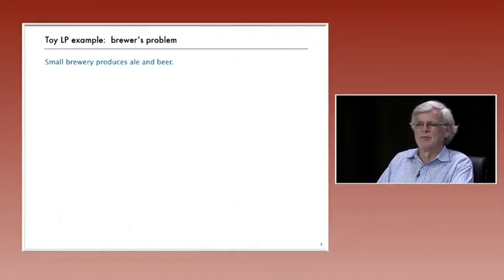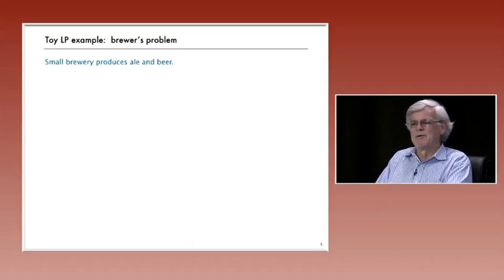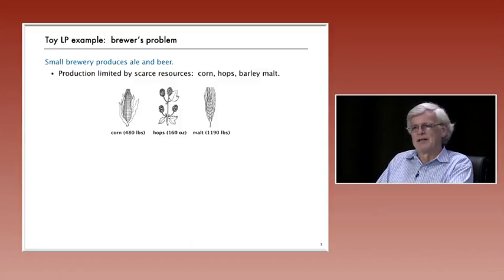So that's why it's called the Brewer's problem. So here's the idea. It's a toy example to try to make sure that everybody understands what linear programming really is. And it was developed by Bob Bland, who also contributed a lot to the practice of linear programming as well. Okay, so the small brewery is supposed to produce both ale and beer.